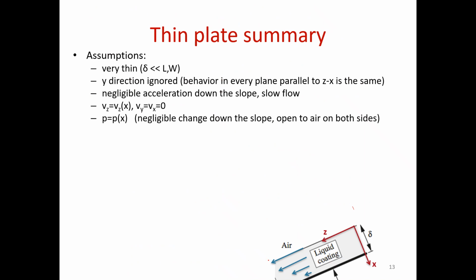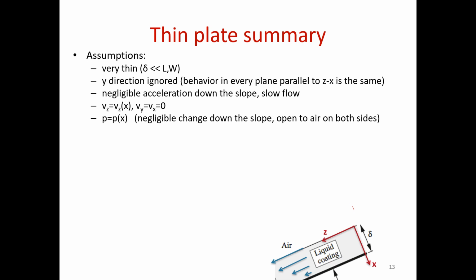Okay? So as a review, we assumed a very thin film of thickness delta, much less than the length in z or any width going into the plane. My y direction is ignored. It's essentially repeated, so I don't need to solve for it. So I have a two-dimensional problem.